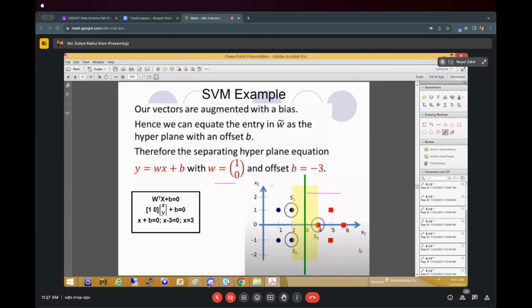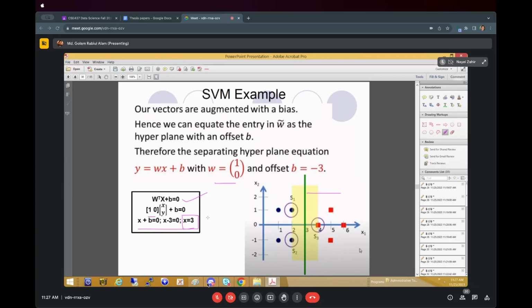Now we need to form the hyperplane equation. And the hyperplane equation, we know, is W transpose X plus B. So W is 1, 0, and X is x and y, and B is our negative 3. If we multiply 1, 0 with the vector X and put the value of B, we will get x minus 3, that is x equals 3.